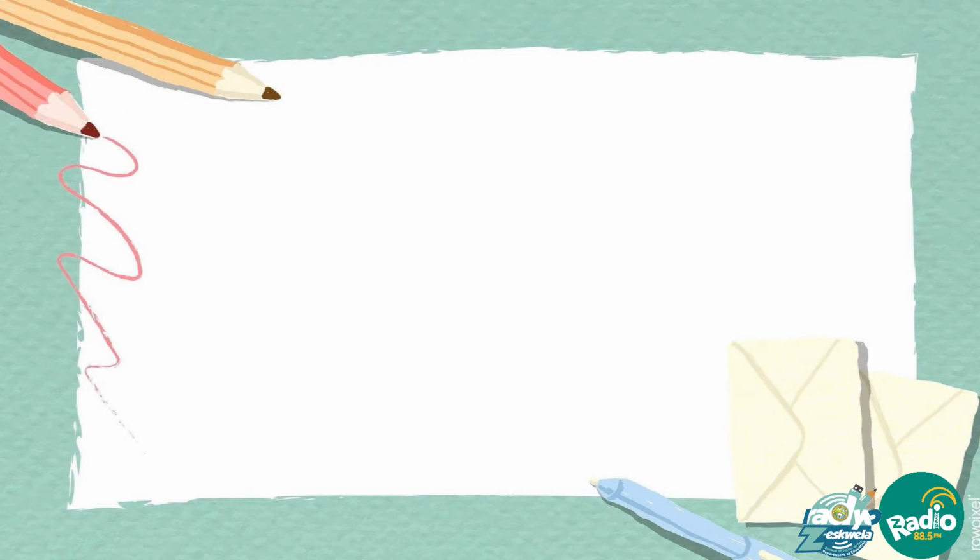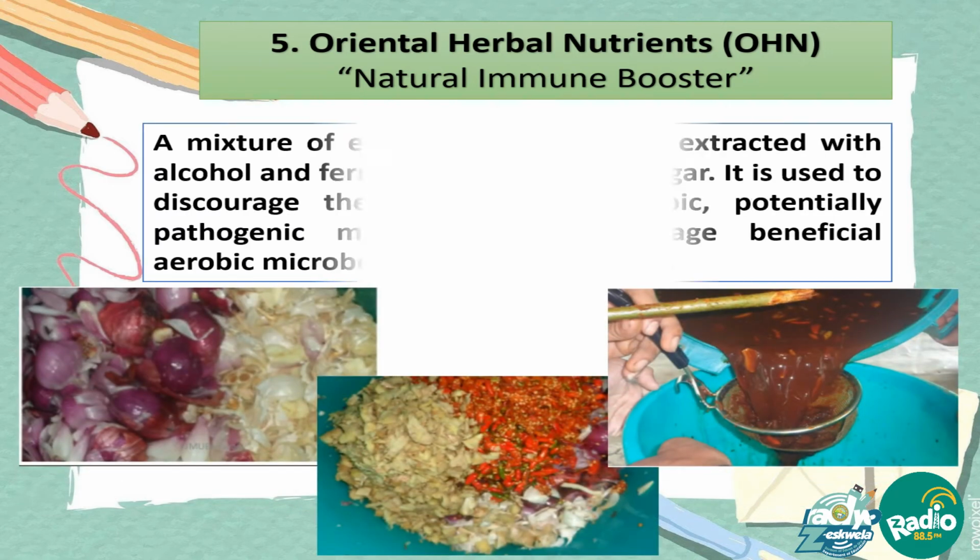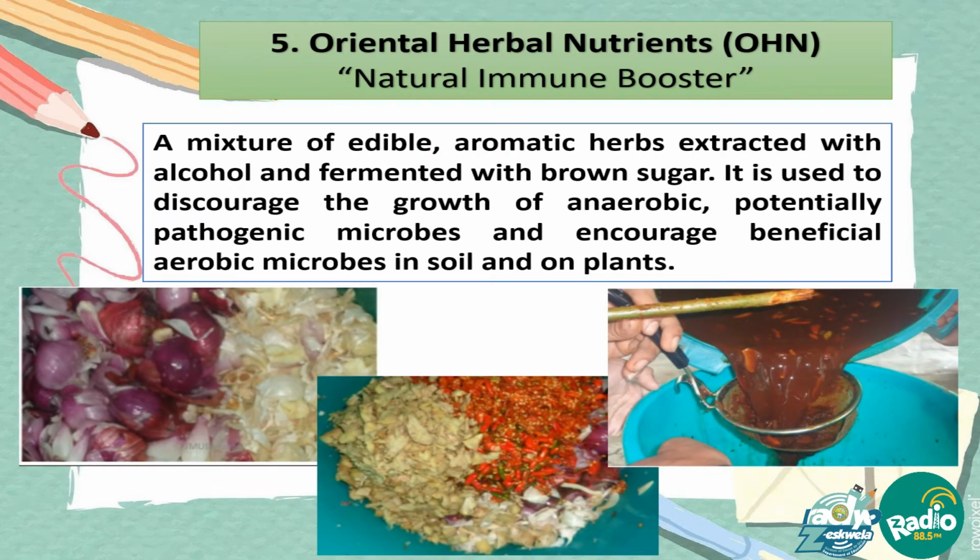We also have the OHN, or the Oriental Herbal Nutrients. This concoction is considered as a natural immune booster. OHN is a mixture of edible, aromatic herbs extracted with alcohol and fermented with brown sugar.